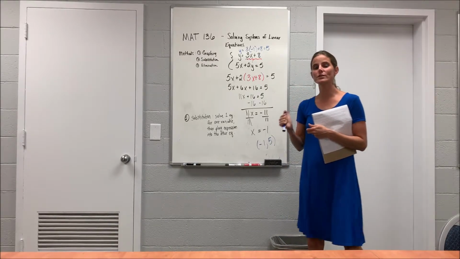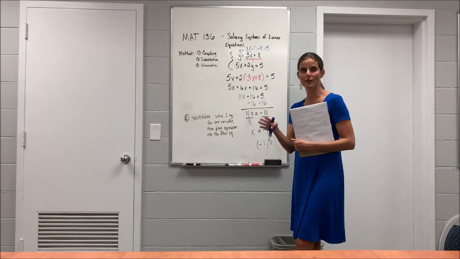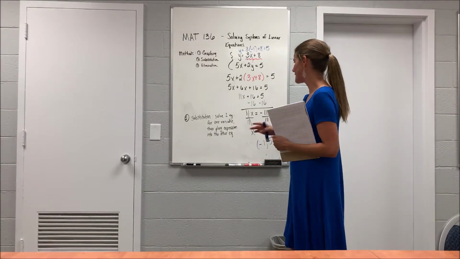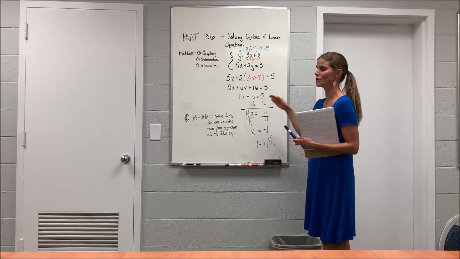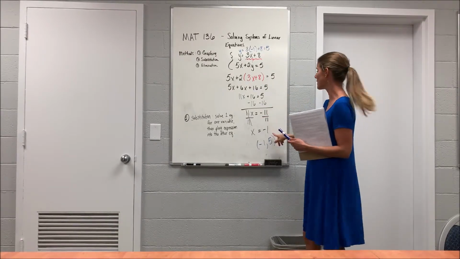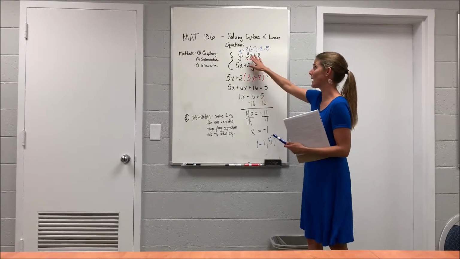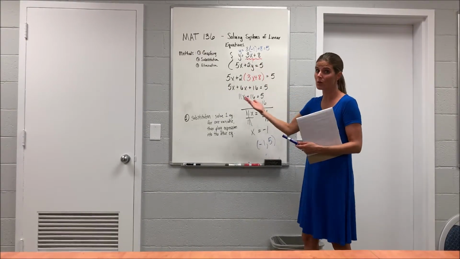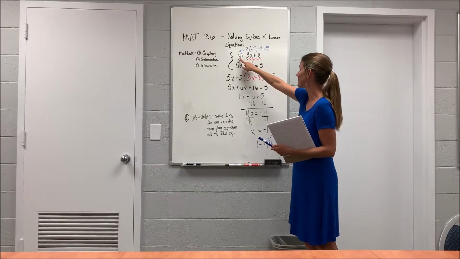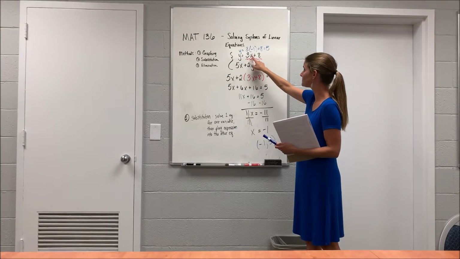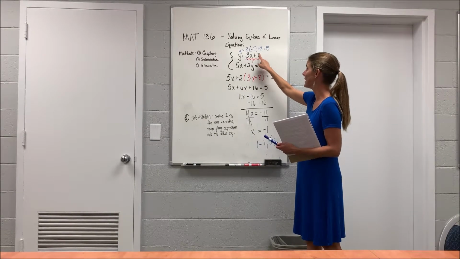I mentioned when we were dealing with just solving equations that it's always a good idea to go back and plug this in to make sure that it works for both equations. So I do encourage you to do that. I'm going to do that verbally just quickly here. I encourage you to plug these back in and make sure that they actually work. If they don't, you know something went wrong. So we have a negative 1 for x and a 5 for y. 3 times negative 1 is negative 3 plus 8, which is indeed 5.